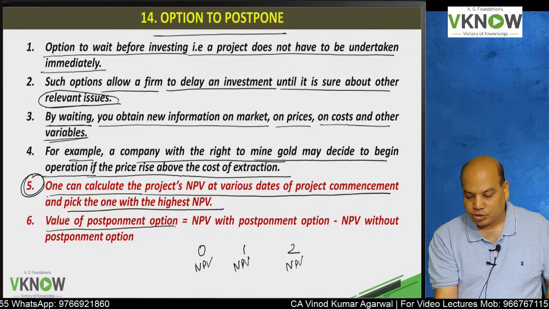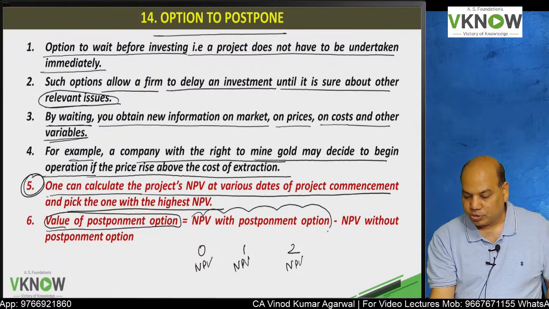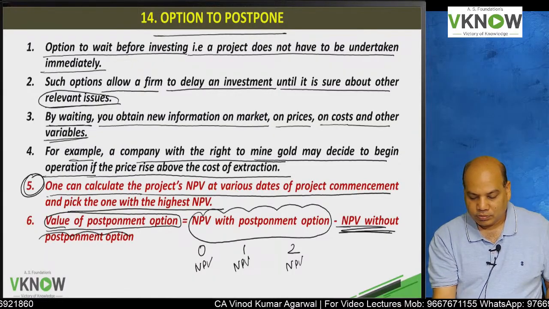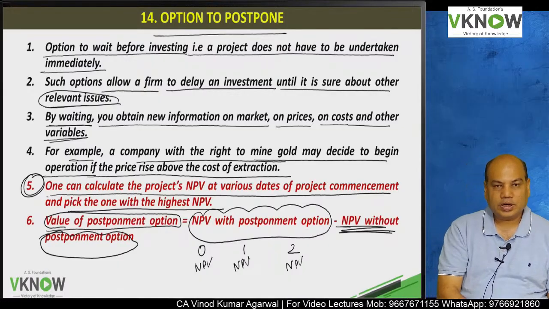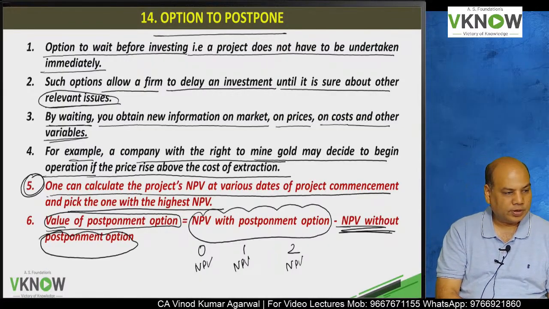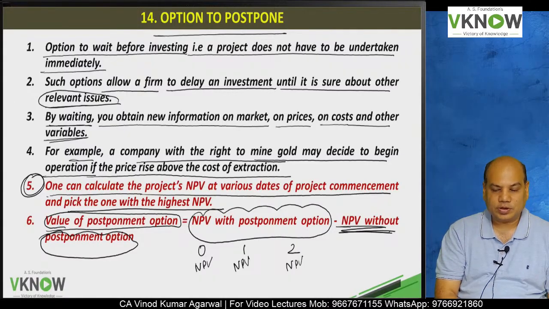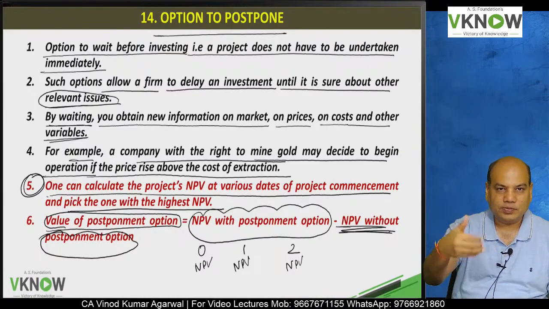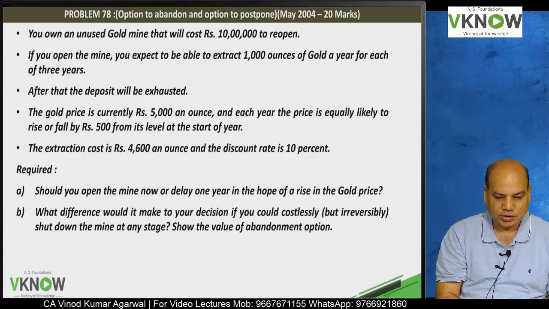Value of the postponement option is equal to NPV with postponement option minus NPV without postponement option. If they ask you, that is the difference between the two NPVs. Normally when you have an option, your NPV can be improved, NPV can be maximized.